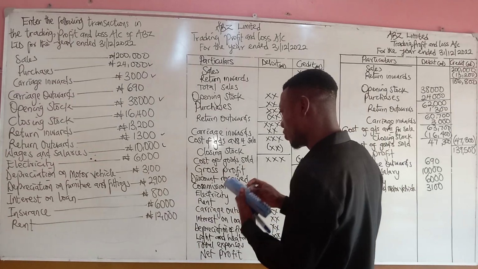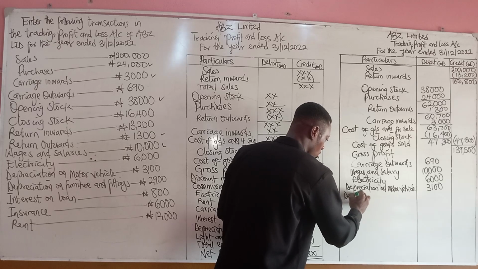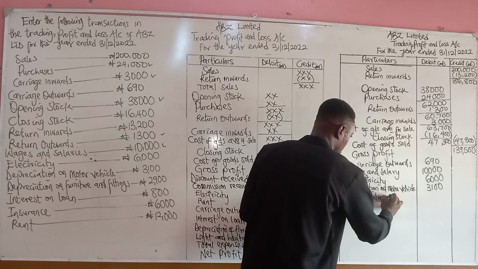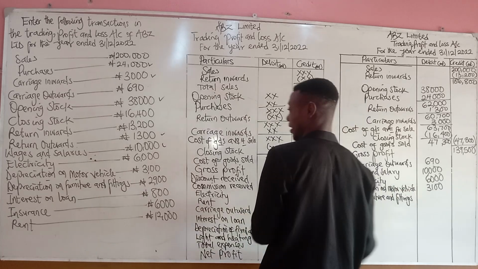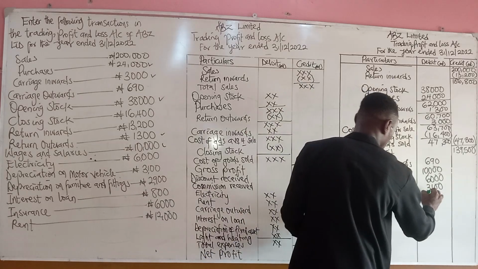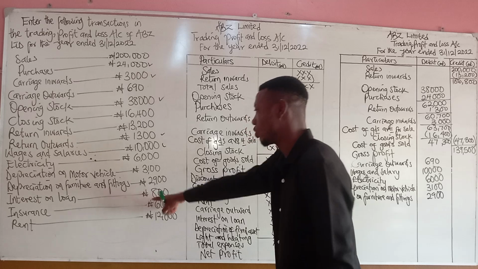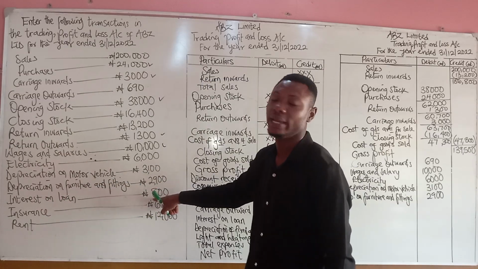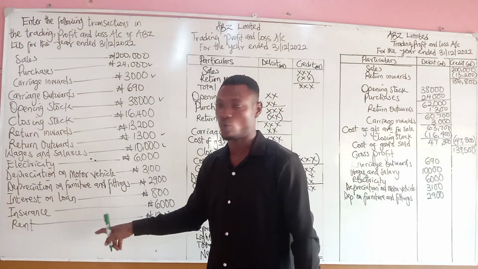Also, we have depreciation on furniture and fittings. I have depreciation on furniture and fittings, in other terms we can use F and F, 2,900. Then I have interest on loan. Now, this interest also means they have calculated the interest for you, so we are using it. The loan amount wasn't given in the question.